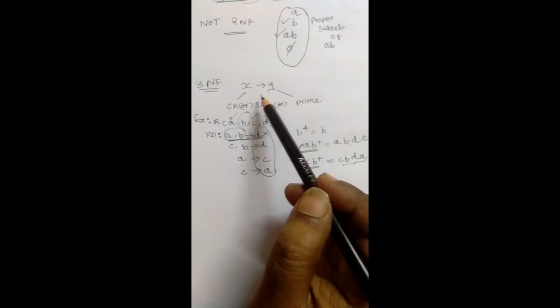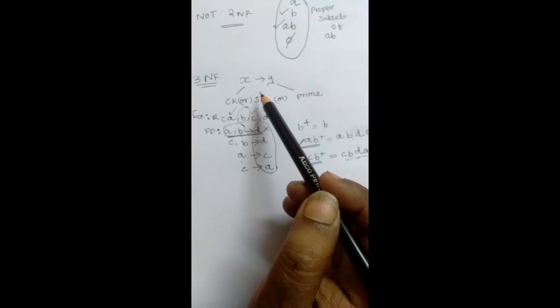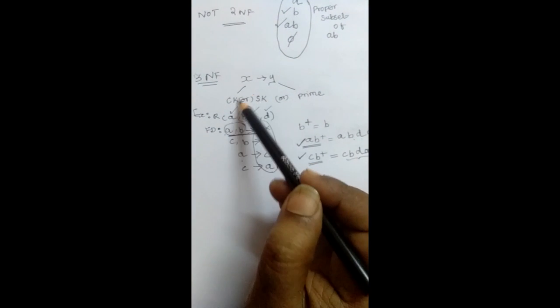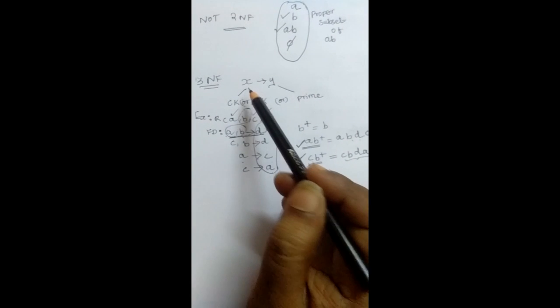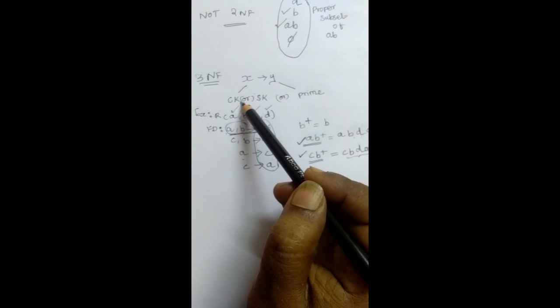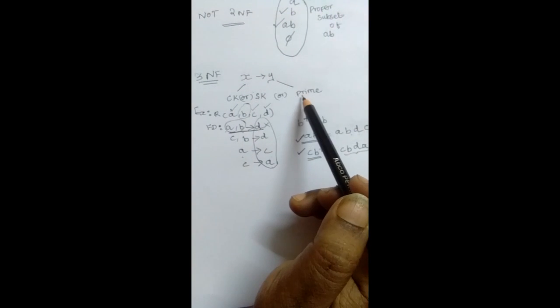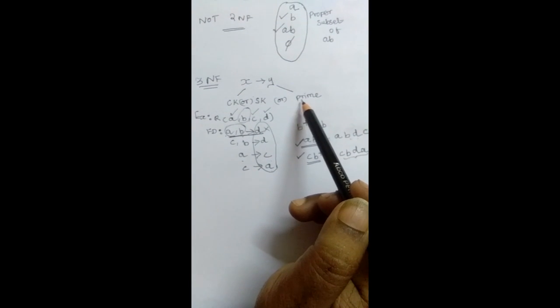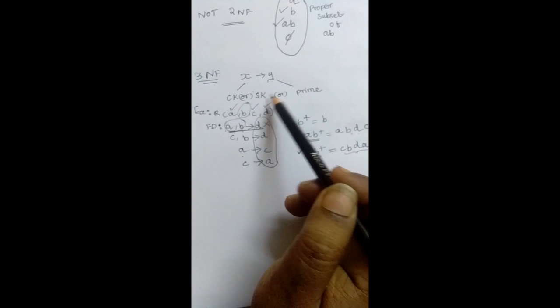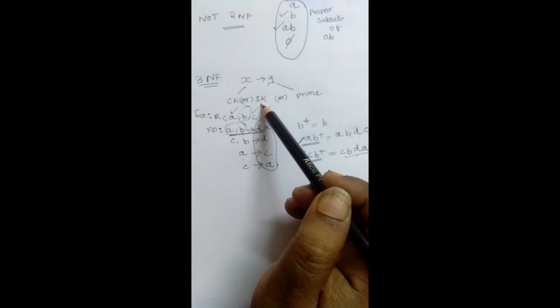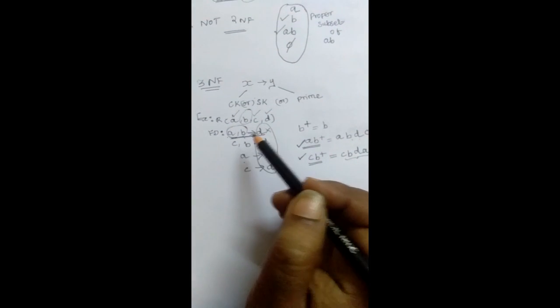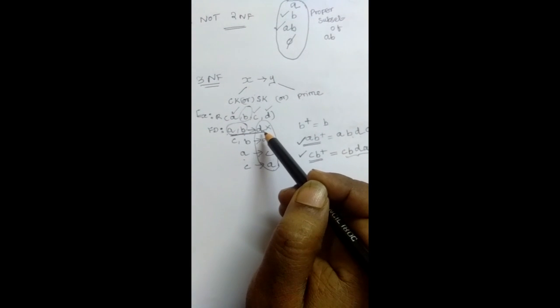Once again, you consider the given rule whether it satisfies the third normal form: the left hand side part should be a candidate key or super key, or the right hand side part is a prime attribute. If the given condition satisfies any one part, then it satisfies third normal form.